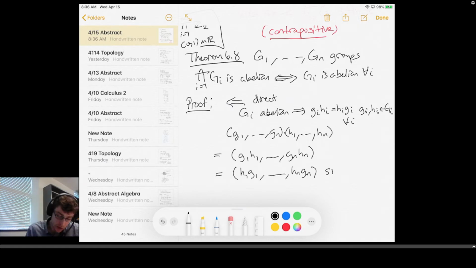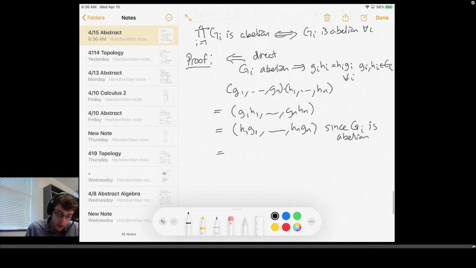This is where you're using that G_i is abelian. And then you can just pull that out as the product. And so we're good. We started with 2 arbitrary elements, and we flip their orders.